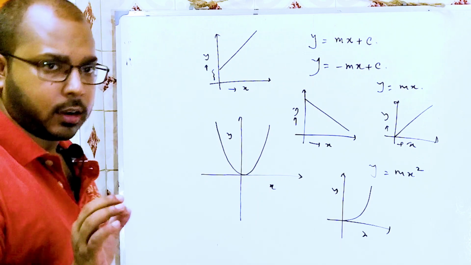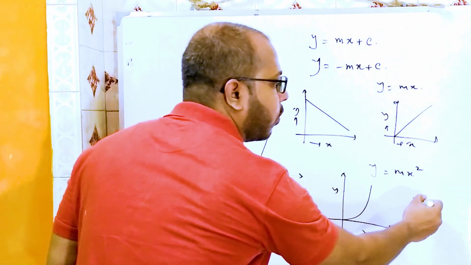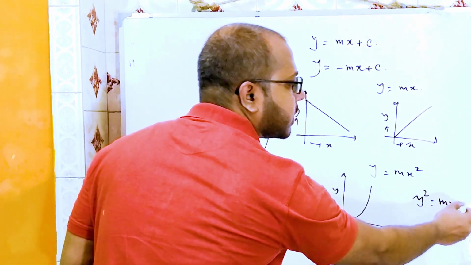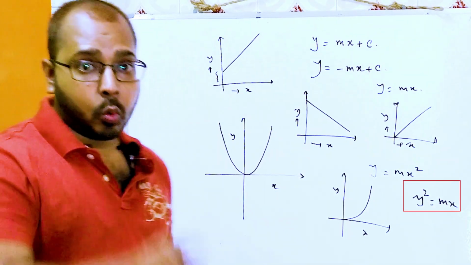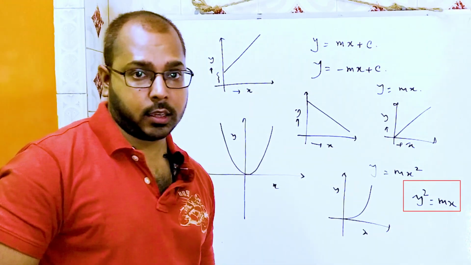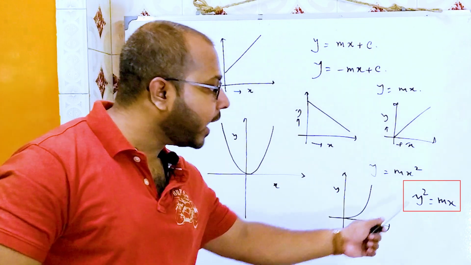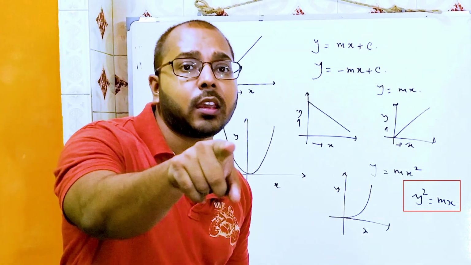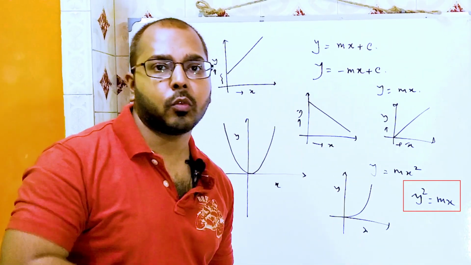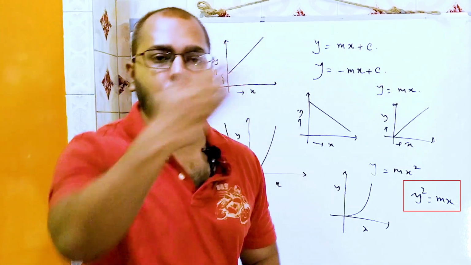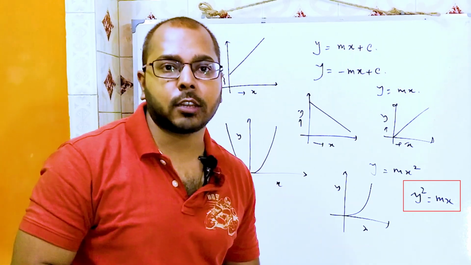Clear? And if y square equals mx, then for any value of y, x will be positive. If y is negative, x is positive, and if y is positive, x is also positive.